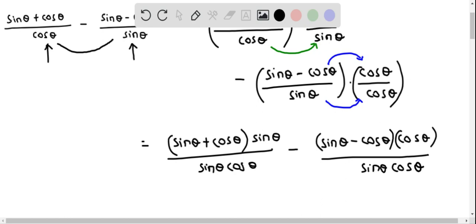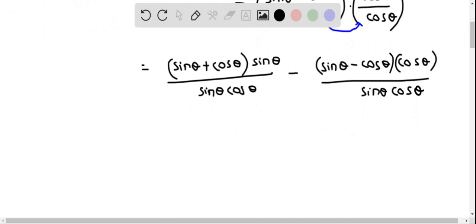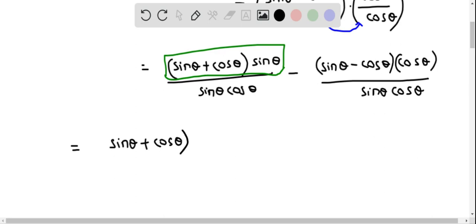Now we see that we have the common denominator sin theta cos theta, and this means we can combine as a single fraction. So I'm going to write down the numerator term of the first expression, which is sin theta plus cos theta times sin theta, and then we have this minus.